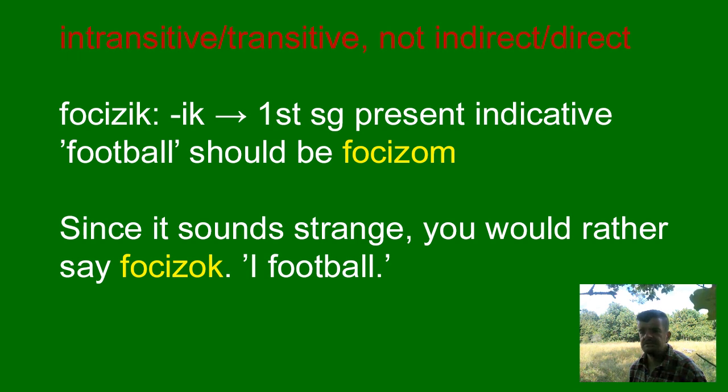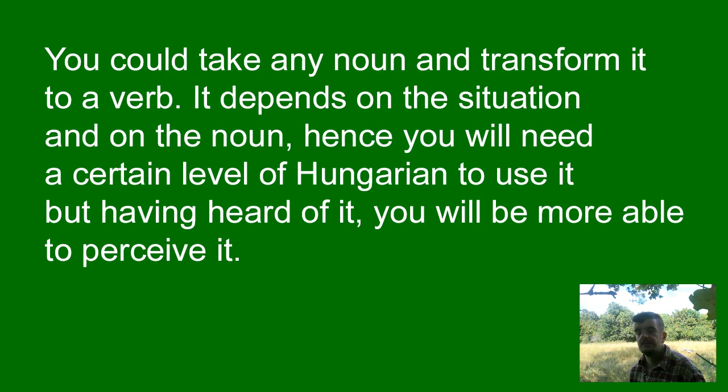Among the three possibilities, the most productive one is the third one, Z-E-K, Zik. What does that mean, productive? You can theoretically take any noun and put Zik onto it, or the respective person and number. And once you have done that, you have a verb related to the specific noun you are talking about.